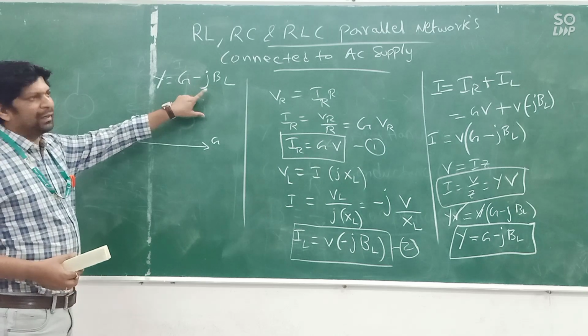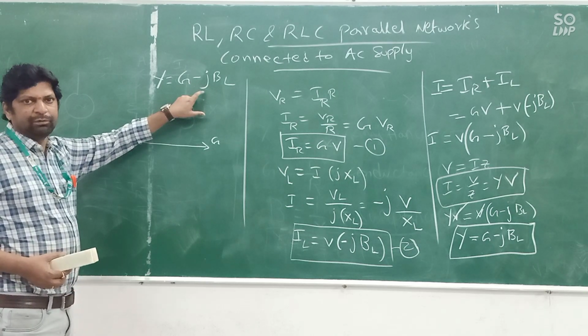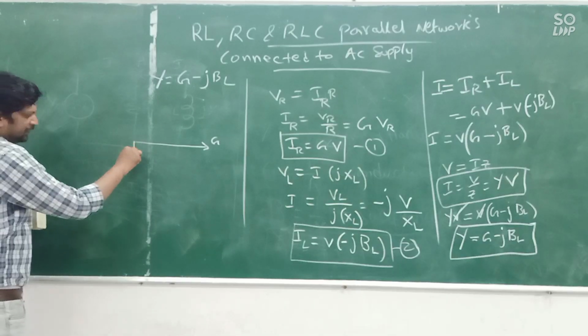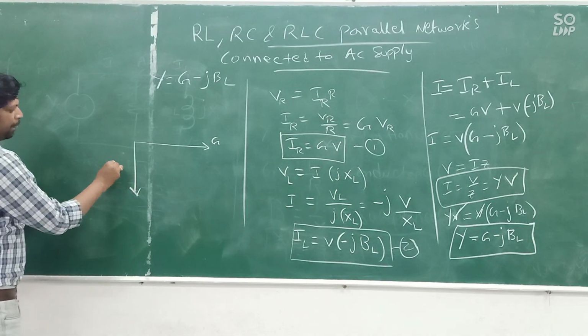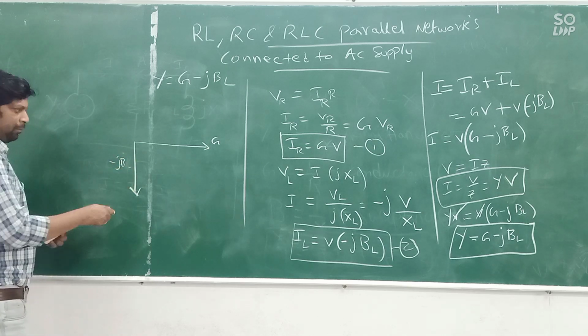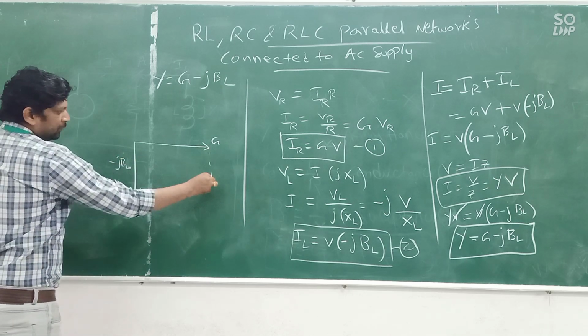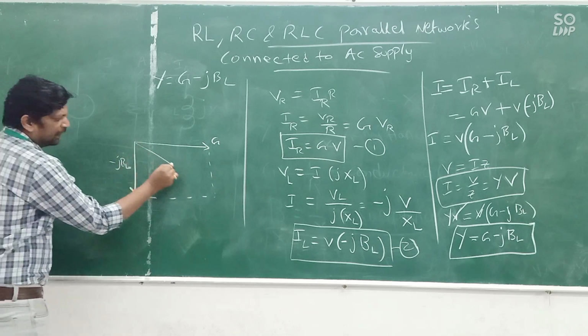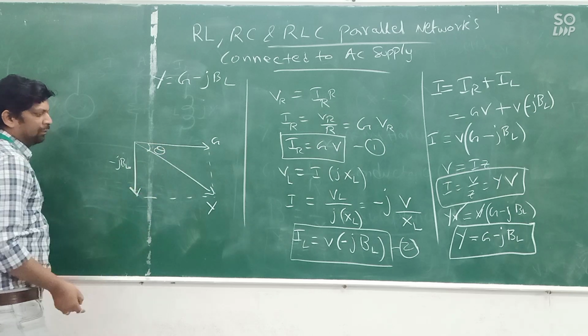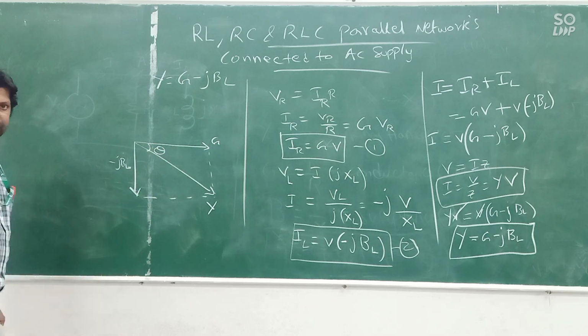But here it is minus J, which means you have to rotate the vector by an angle of 90 degrees in clockwise direction. So this is minus JB. The phasor sum of these two is nothing but our admittance Y.